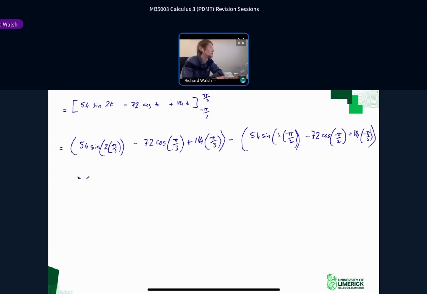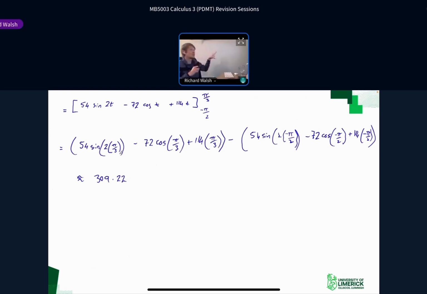And if you work all that out, make sure your calculator's in radians first and foremost, and then substitute in all those values, you get approximately 309.22. So that's our line integral for C2.